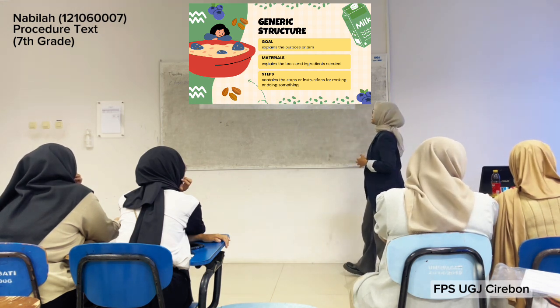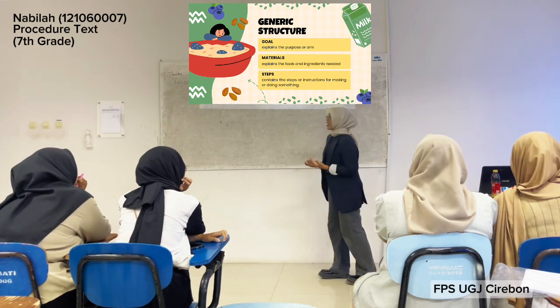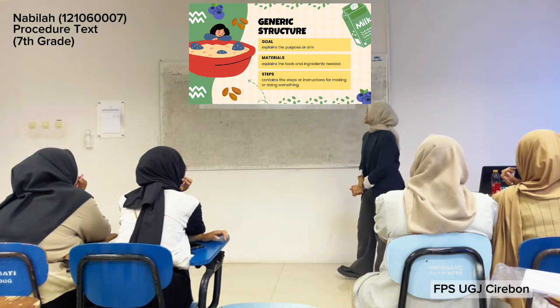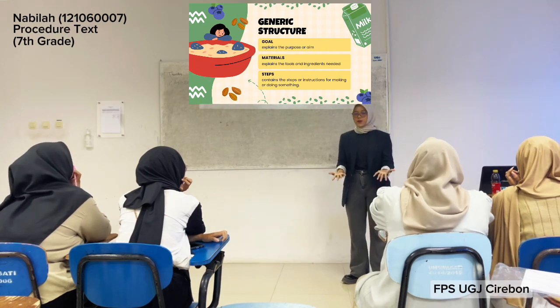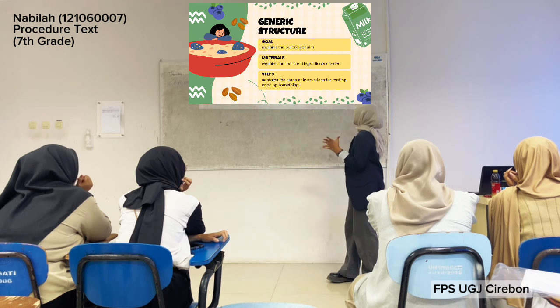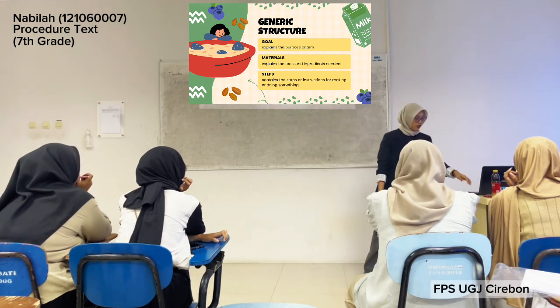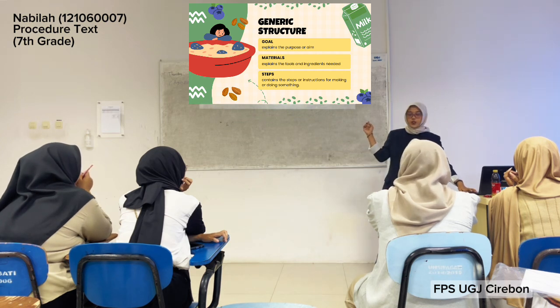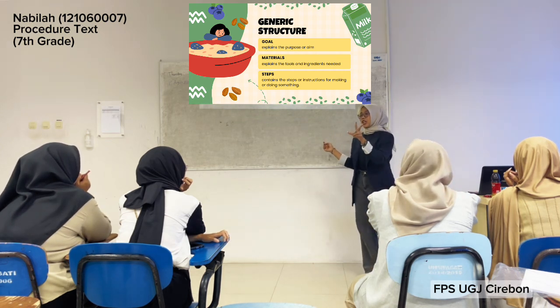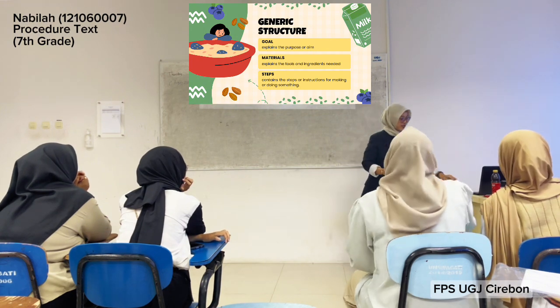Materials, it explains the tools and ingredients that are needed. And then the last part is called steps. It contains the steps or instructions for making or doing something. Okay, so the generic structure of procedure text, we have 3: goal, materials, and steps.